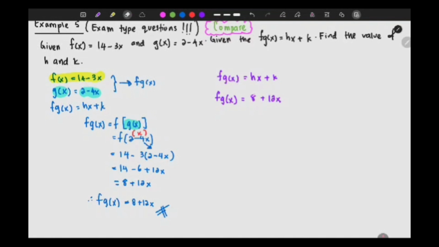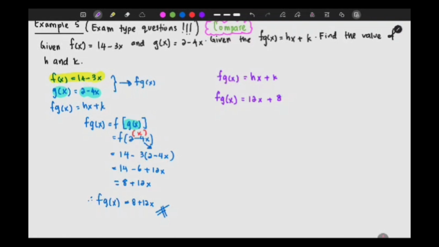No matter 12x plus 8 or 8 plus 12x, the answer will be the same. 3 plus 5 or 5 plus 3, it will still be 8, right? Same thing. But I've written it this way for a reason. So you have to compare. And remember, compare apple to apple. Always remember, comparing what to what. The one that you find and the one the question gives.